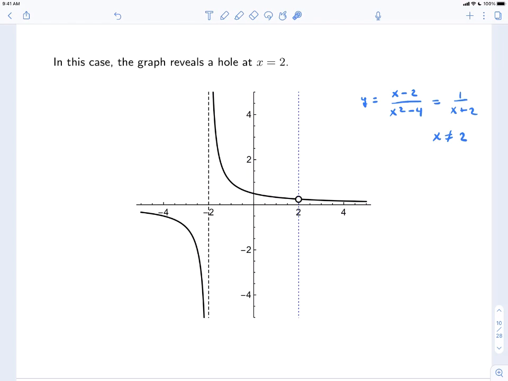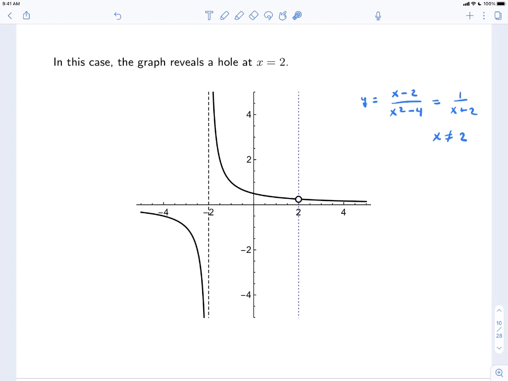But if you exclude x equals 2, then this rational function is exactly the same as 1 over x plus 2. And that's what this graph is, 1 over x plus 2, but just with a hole in it.